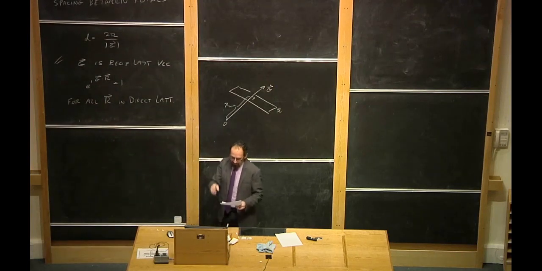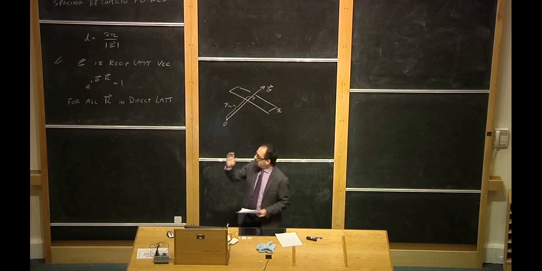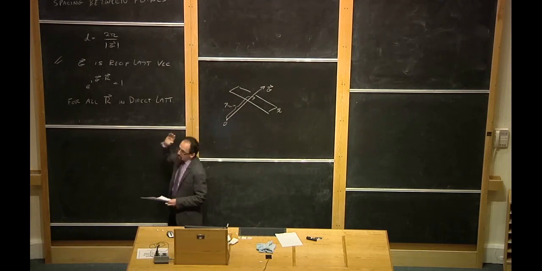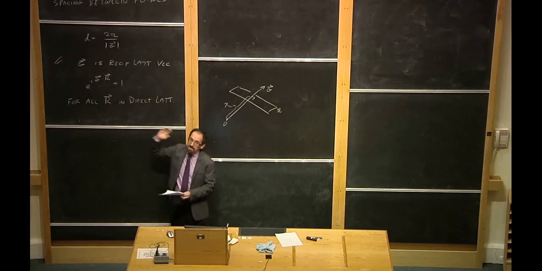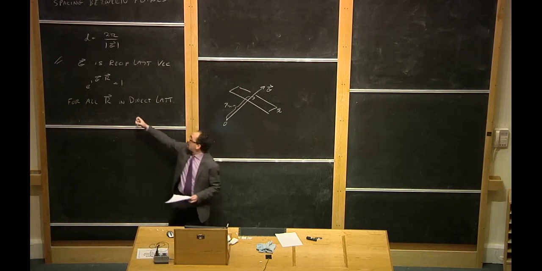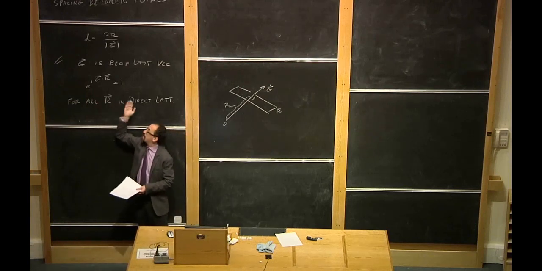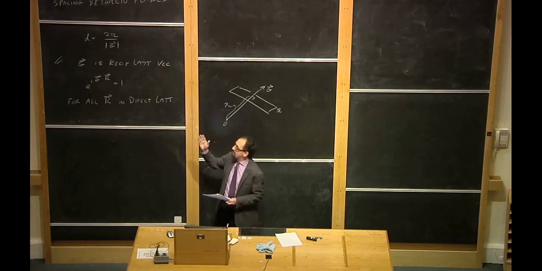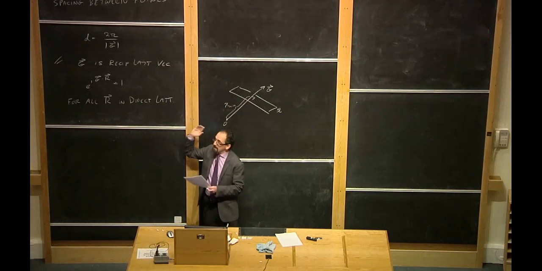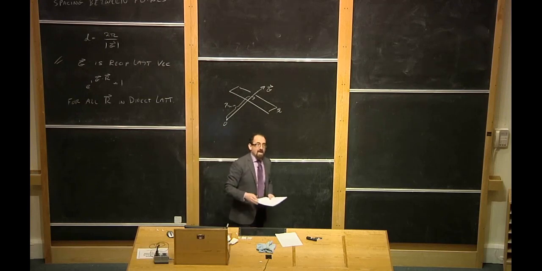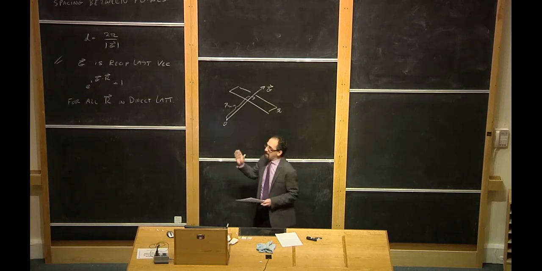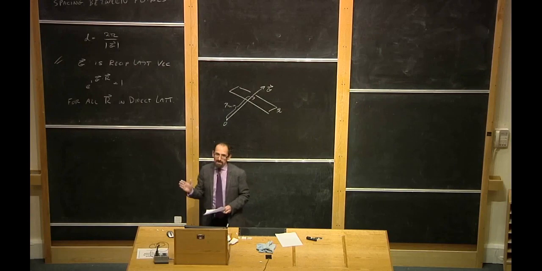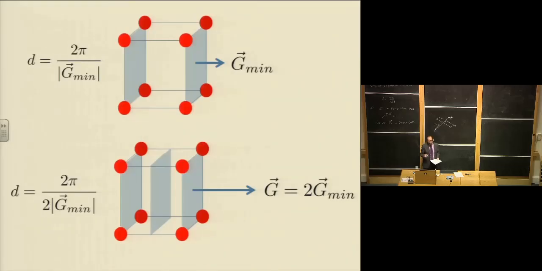So what that tells us is that every lattice point is going to be included inside this set of planes, because any r will have to satisfy e to the i g dot r equals 1 if G is a reciprocal lattice vector. So all of our lattice points in the direct lattice are going to be included in this set of planes that we just defined. However, it does not mean that every plane cuts through lattice points. Why not? Here's a picture to explain that.